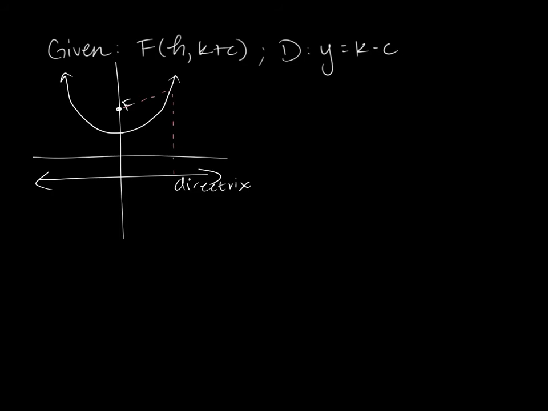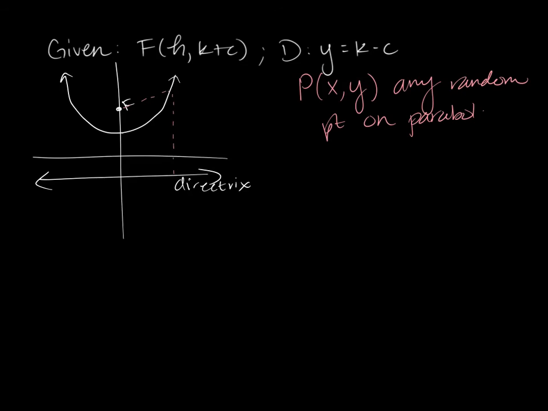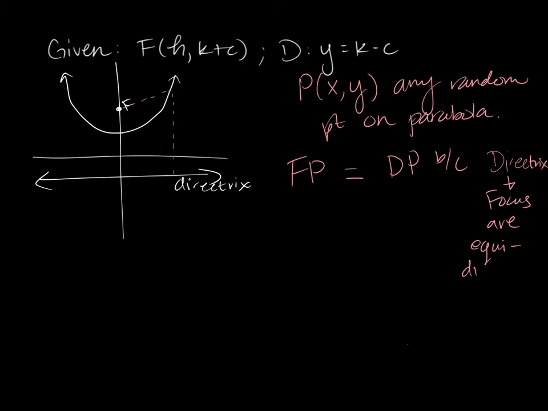So one way to solve for this is to pick any random point on the parabola. Okay, and then solve for the distances from focus to the point and directrix to the point. And then because they're equidistant, they have to be equal to each other. Okay, because directrix and focus are equidistant from parabola.